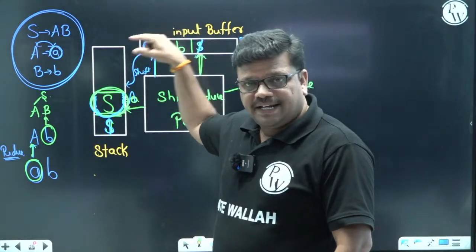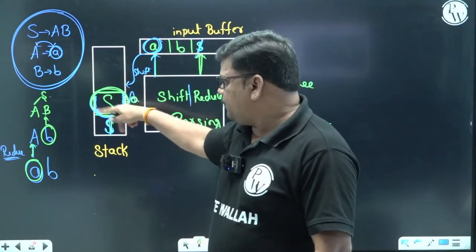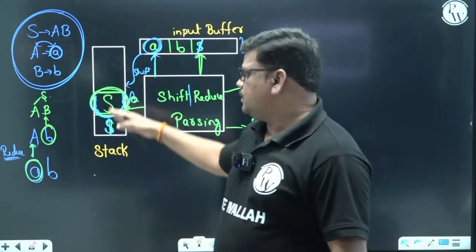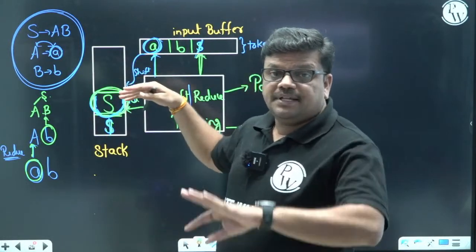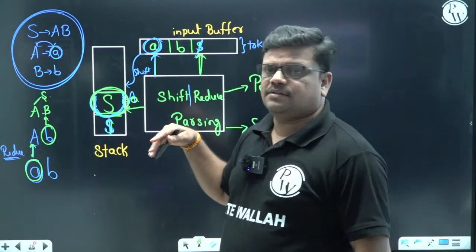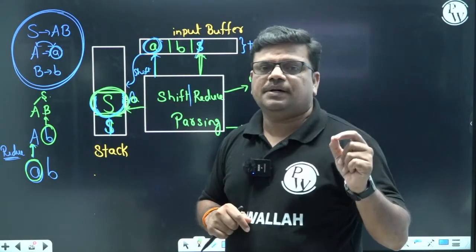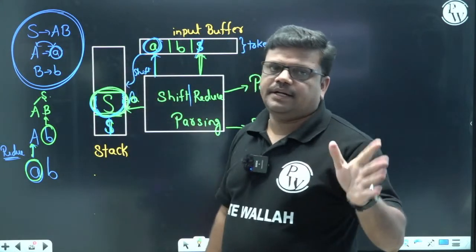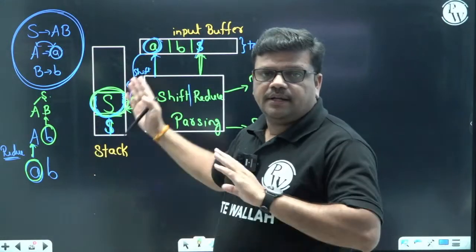Whenever you are shifting any token, verify whether it is a handle or not. If handle, reduce. The way of doing bottom up parsing, shift reduce parsing, is very simple. If handle is there, reduce. If handle is not there, perform shift.